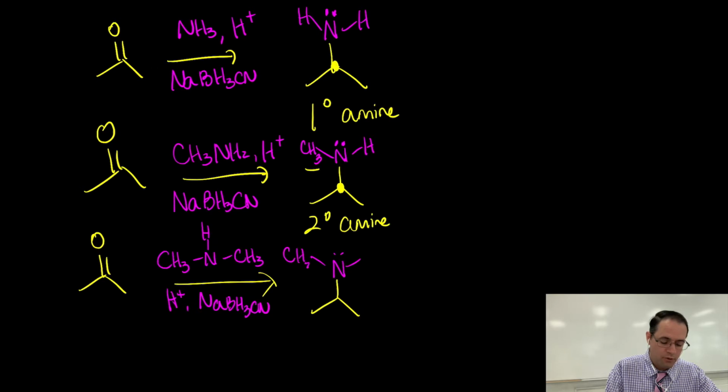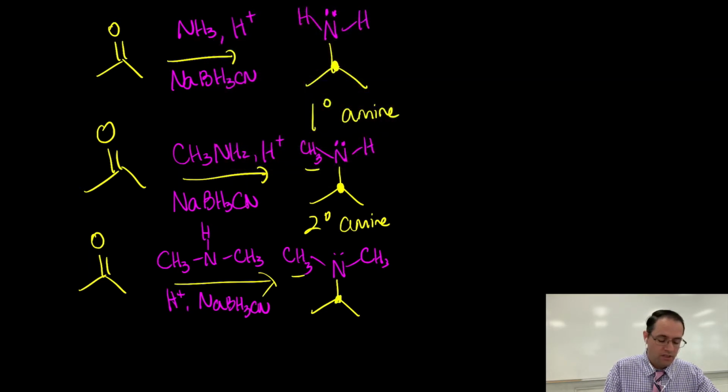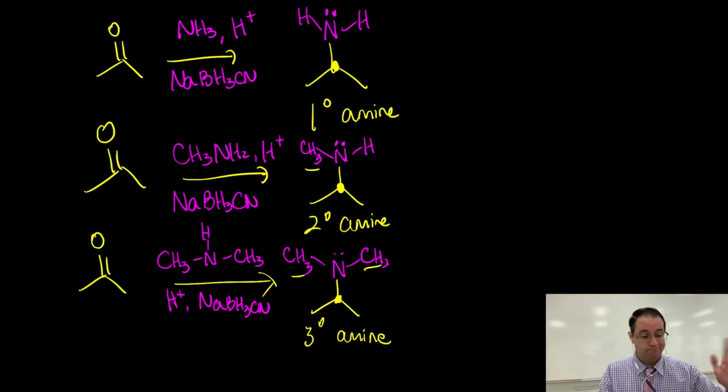So we got the methyl group attached to the nitrogen, methyl group attached to the nitrogen, and an isopropyl group attached to the nitrogen. So since the nitrogen is bonded to 3 carbons, we call this a tertiary amine. Okay? So these are called amination reactions, and it's a great, very overall synthetically useful reaction. Okay? So let me go ahead and do some practice problems since there's nothing more to talk about this, okay?